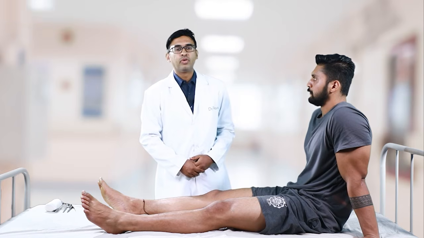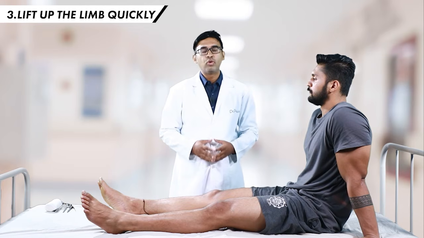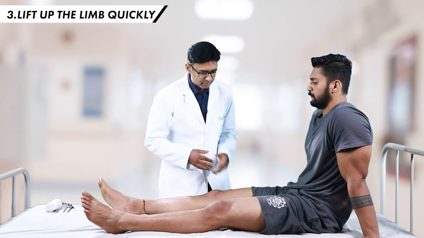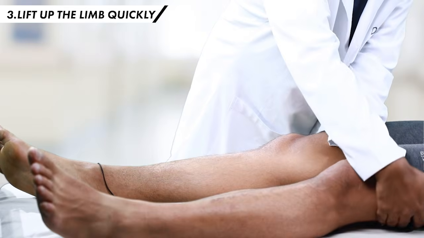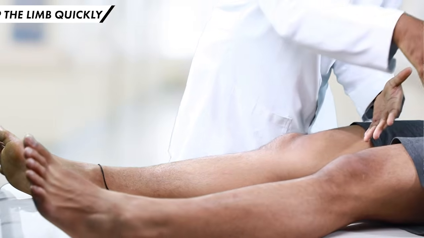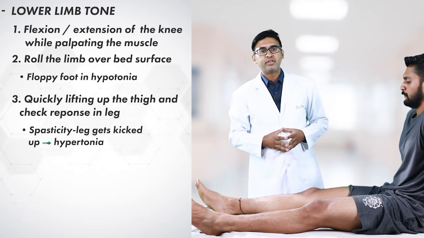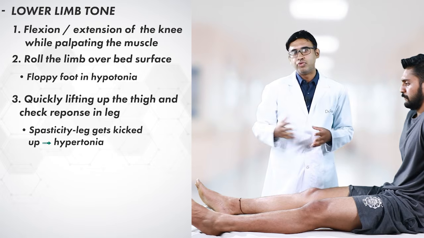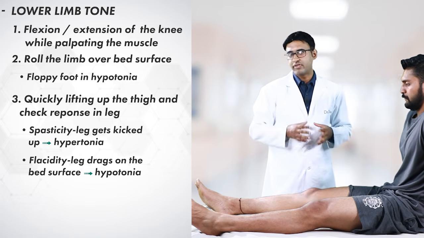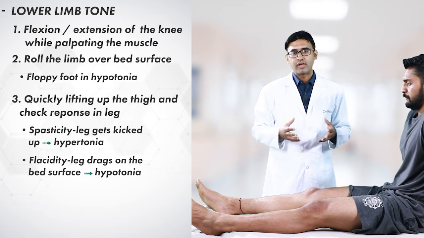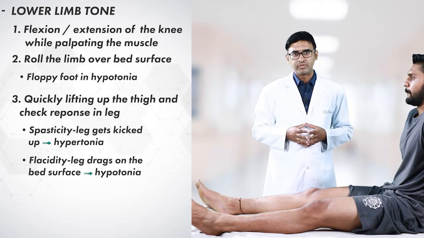The third way to check tone is quickly lifting the thigh and looking at the response of the leg. In a patient with spasticity, the entire leg is going to kick upward, whereas in hypotonia, the leg or the heel will drag on the surface of the bed. This is how we demonstrate tone in the lower limbs.